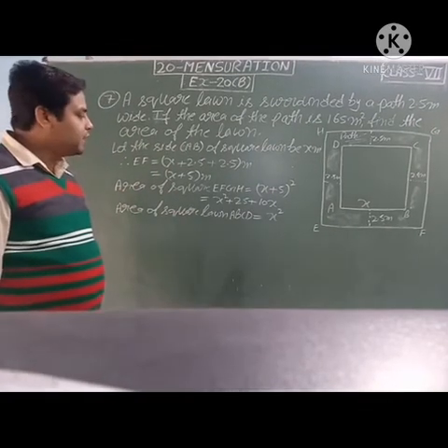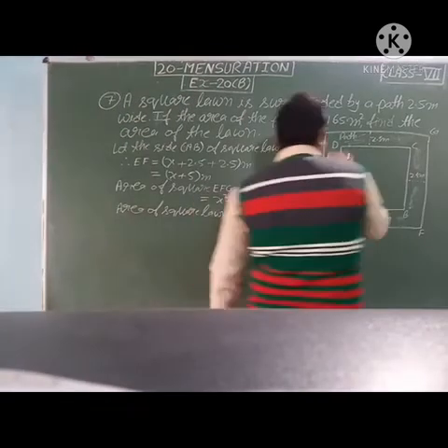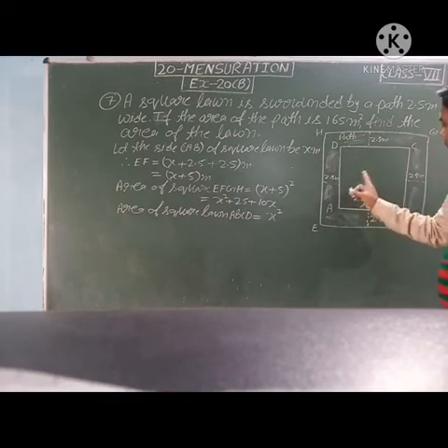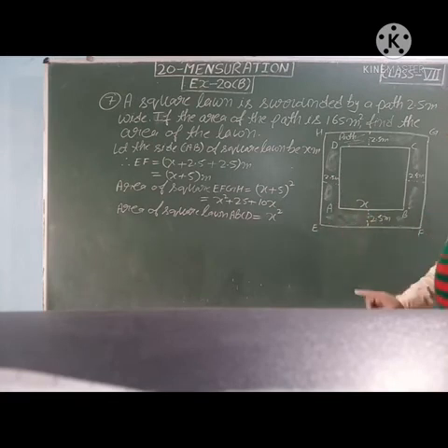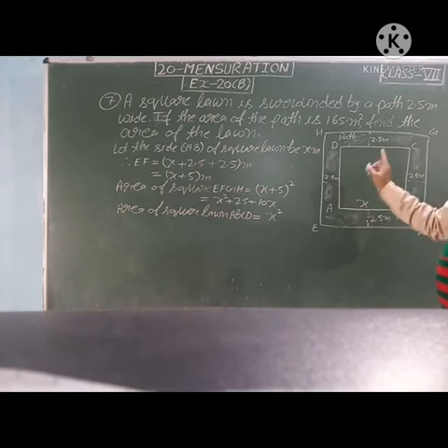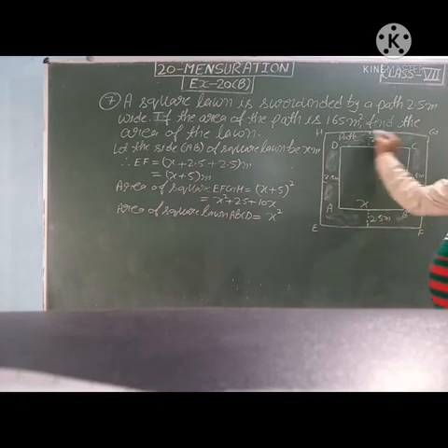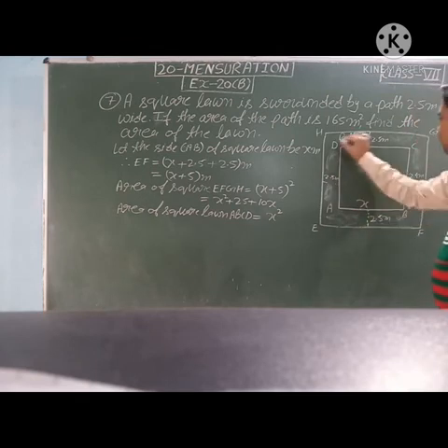So students, what will be the area of path? Area of EFGH minus area of ABCD. If we subtract area of ABCD from area of EFGH, this much area will be left, the area of path.